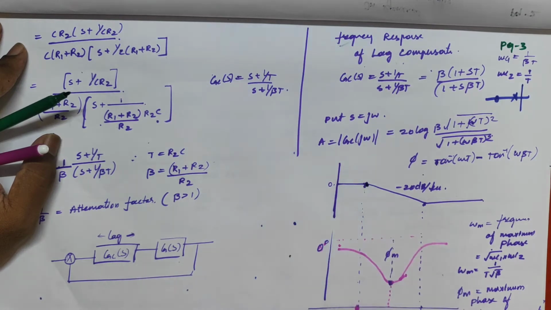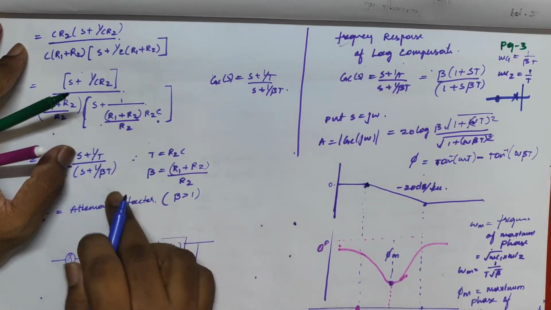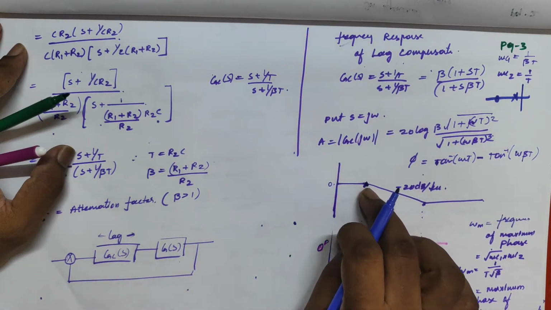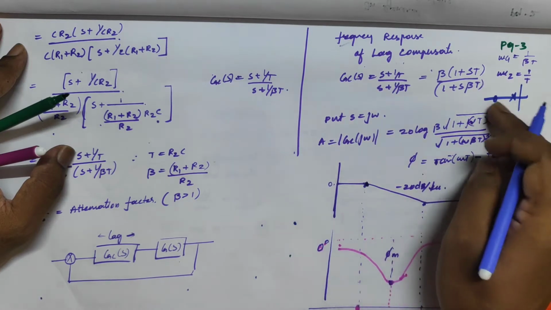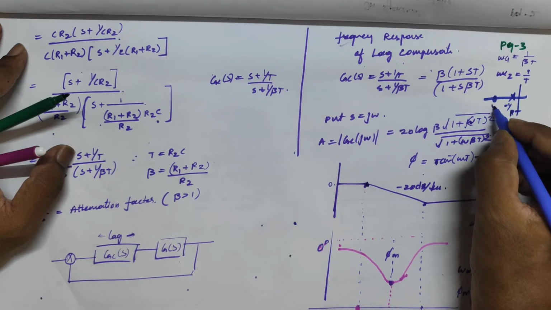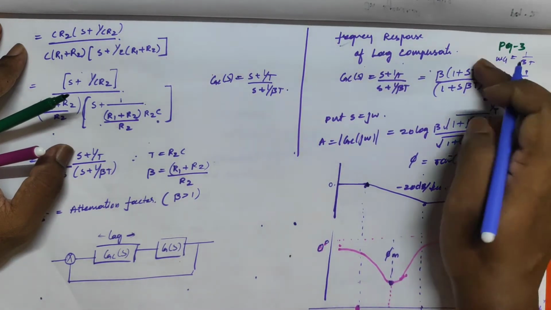At the corner frequency 1 by beta T, which is less than the other, I get the pole, so here minus 20 dB. Up to the corner frequency 1 by T, at this point again a zero is added.